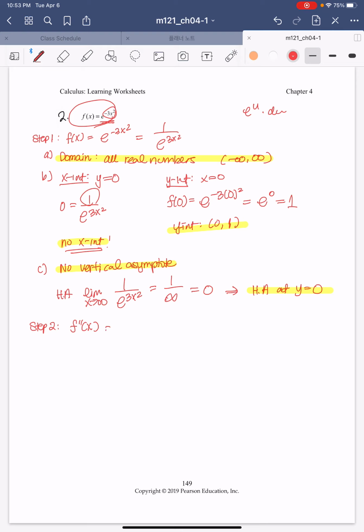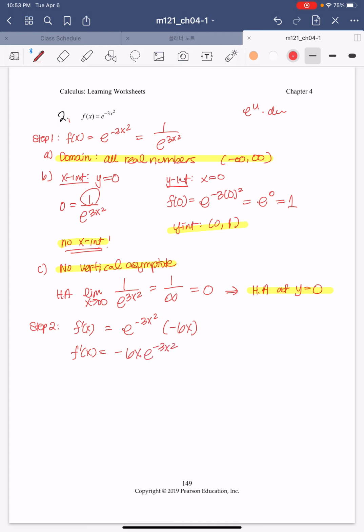So I have e to the negative 3x squared, and the derivative of our power is negative 6x. In other words, it should be a single prime, not double prime. It will be negative 6x e to the negative 3x squared.